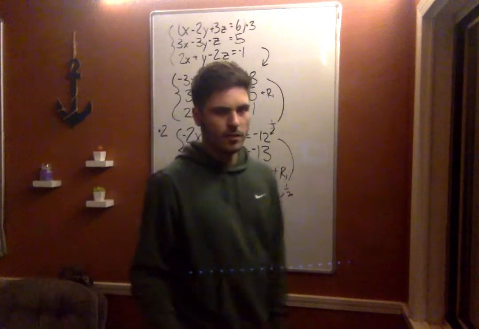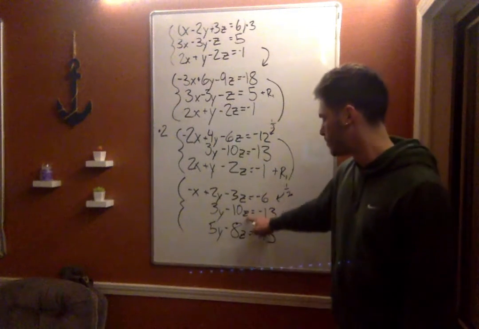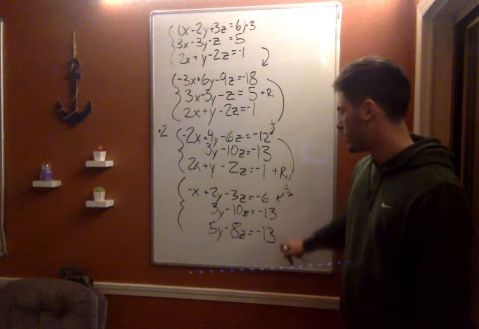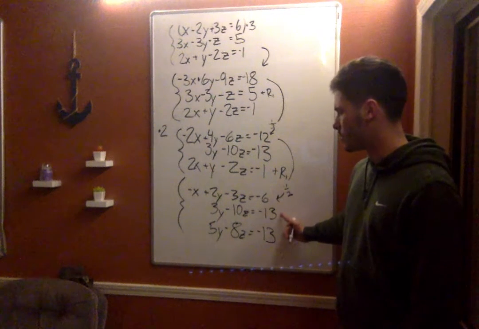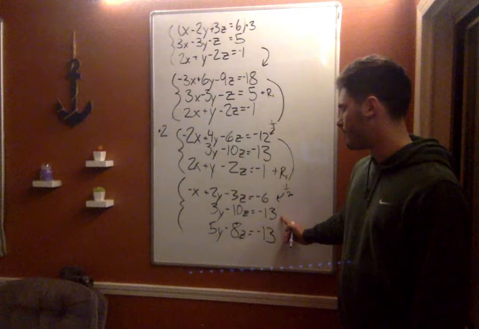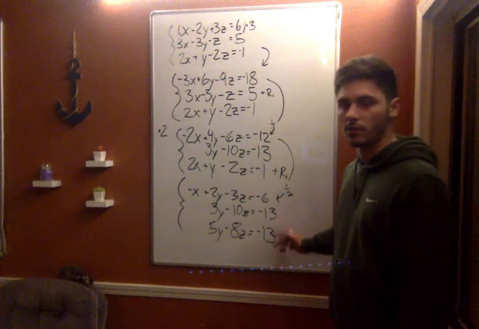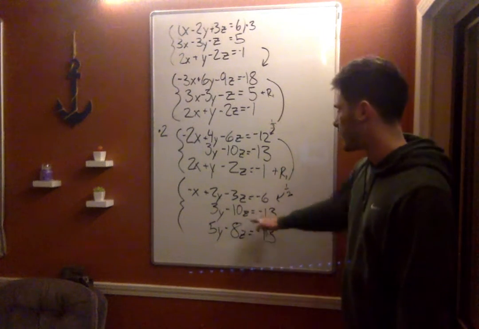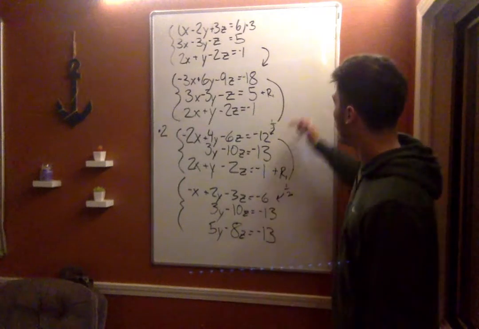something that I recognize is that since these both equal the same number, that means that these two things are also equal. So a step you can do instead of continuing to do elimination is set these two things equal to each other. So we'll do that up here.